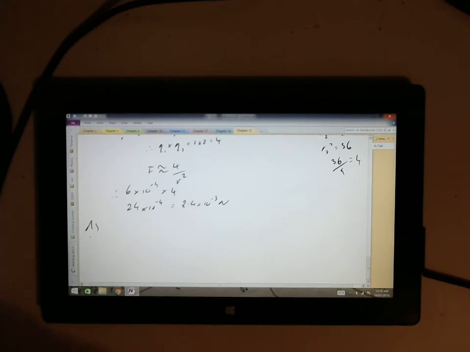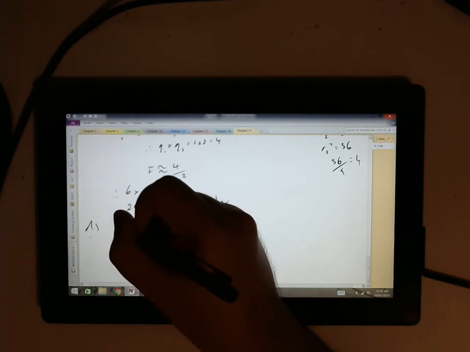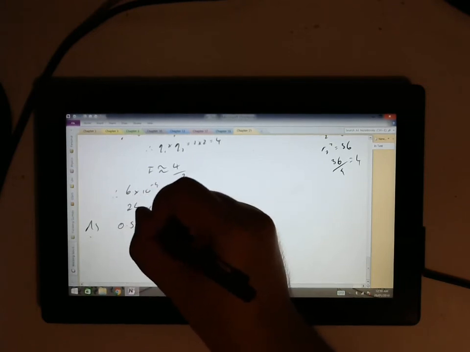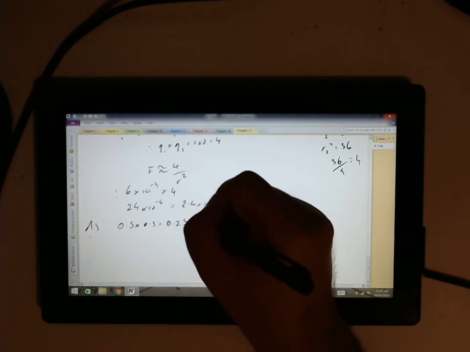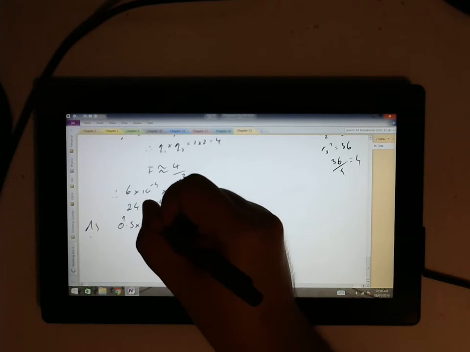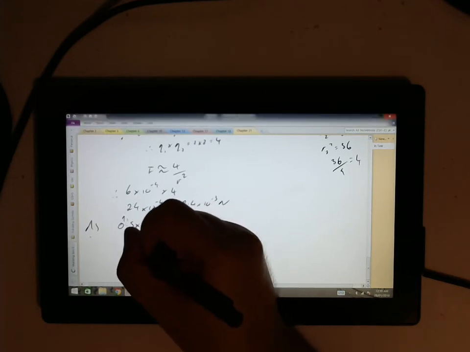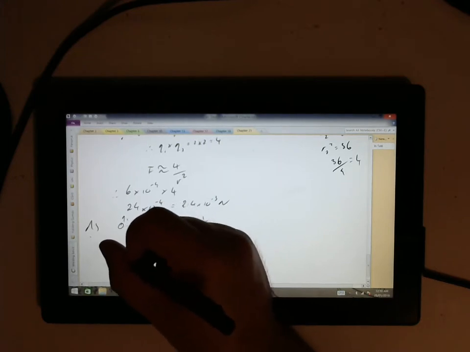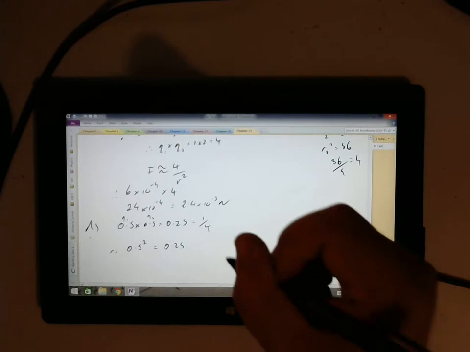Both charges are halved, but the distance is halved as well. So again, let's do the same thing. If Q1 and Q2 are both 1, if we halve them, they're both 0.5. So 0.5 times 0.5 equals 0.25, or 1/4. However, the radius is now 0.5, squared equals 0.25.